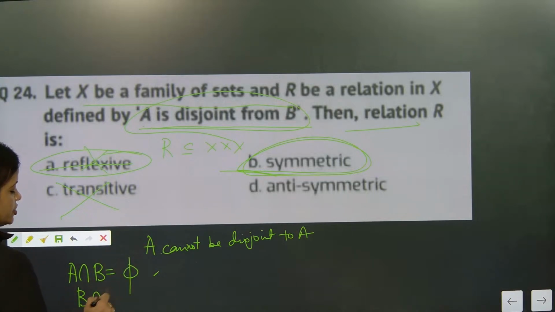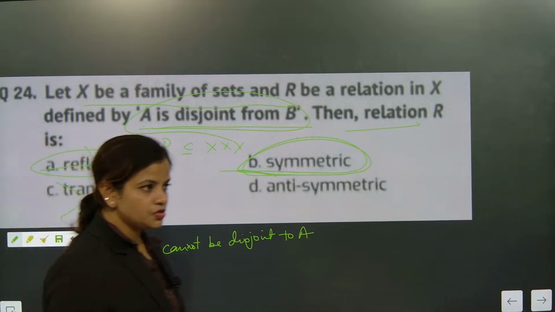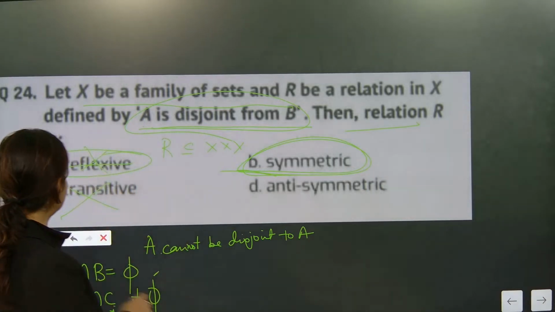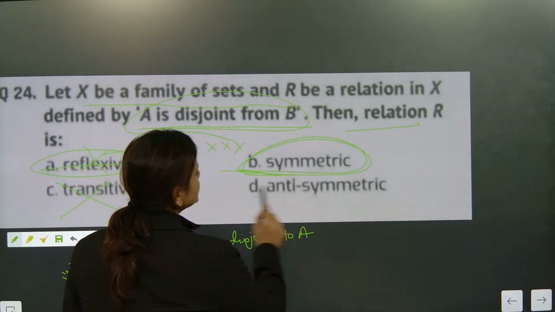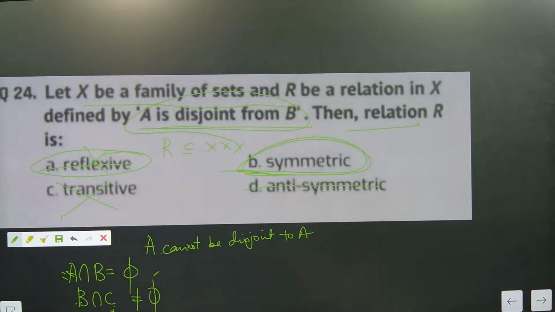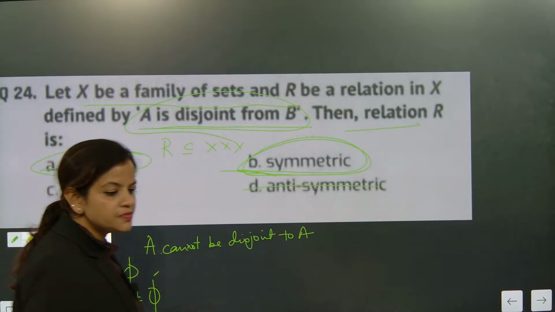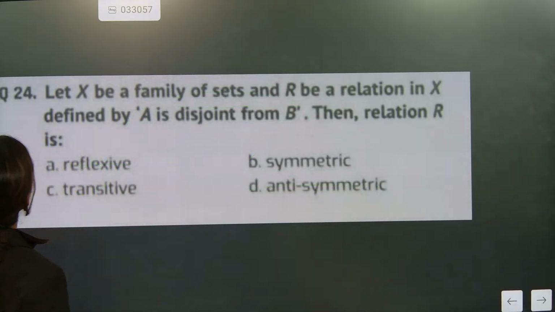You are disjoint to C. But there must be some element between C and A which can be common. Understood? So it is not necessary. So transitive will not be there. So what is the correct answer? Symmetric. So the correct answer is option B, and that is considered as symmetric.